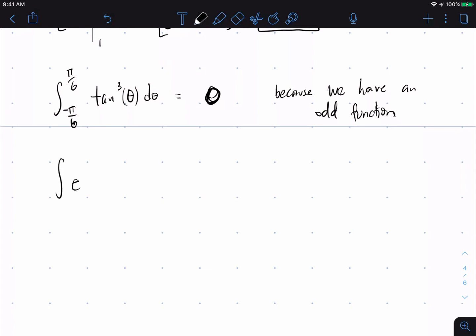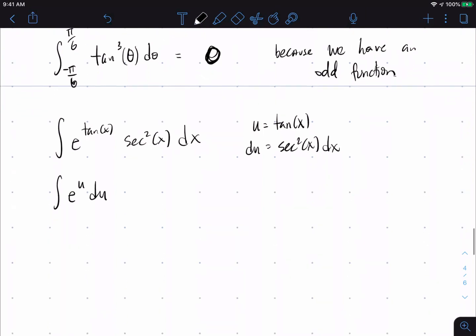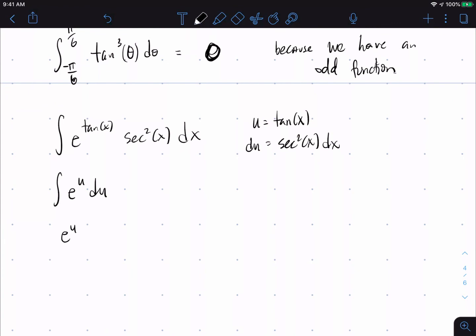All right, our last example. We're going to have the integral of e to the tan of x times secant squared of x dx. And here in this product, we're going to use the exponent as our u. So u is tan of x. The derivative of tan of x is secant squared of x. And so we're going to get the integral of e to the u du, which will give me e to the u plus some constant c.